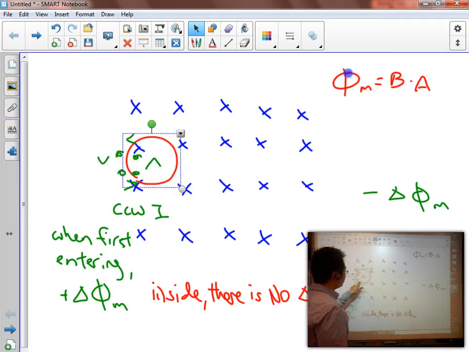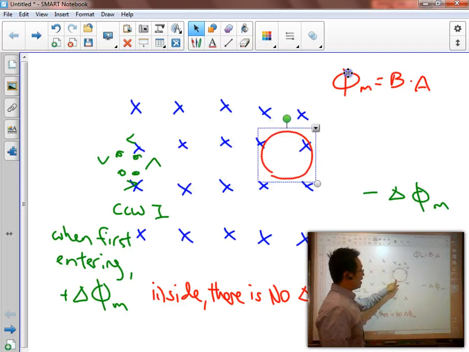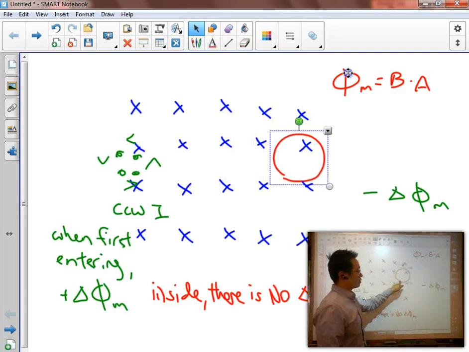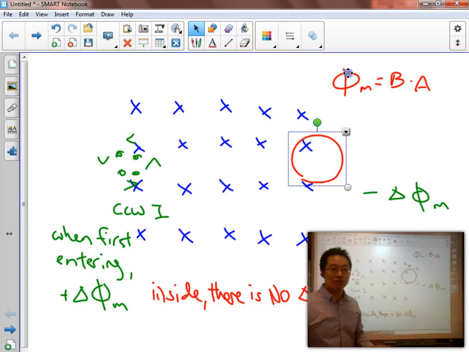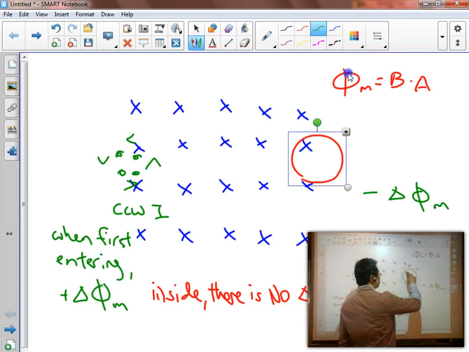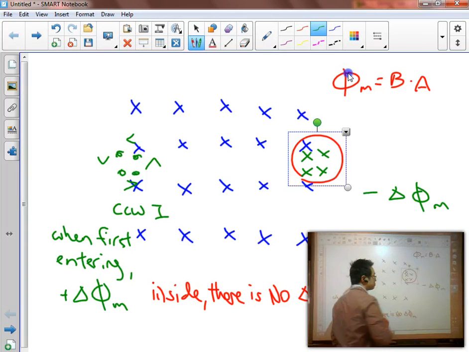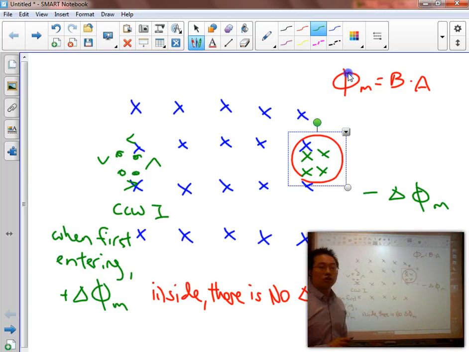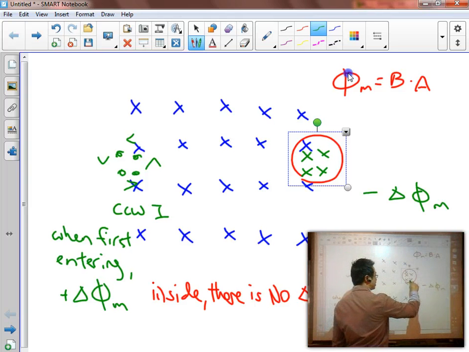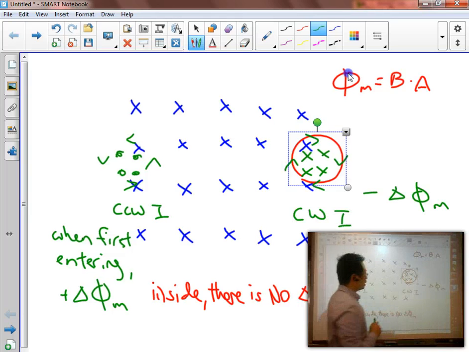But now if I take that loop and it exits the field, we can see that there's a change in flux again. In this case, the loop is going to try to strengthen it. So if I use my hand rule, I can see that it's going to be going overall in a clockwise direction.